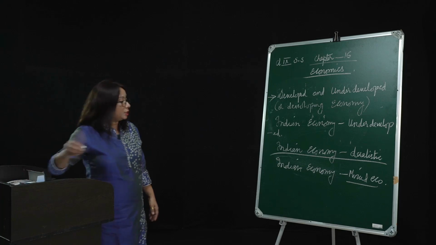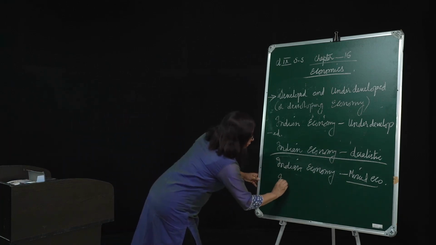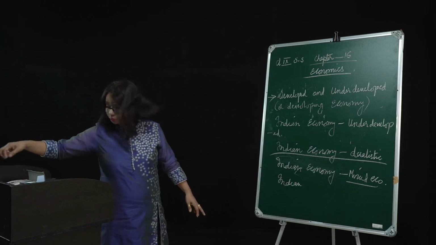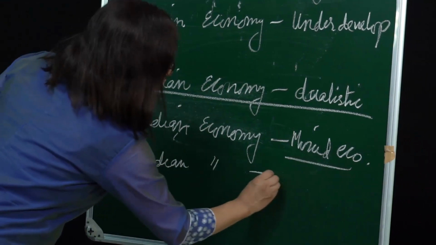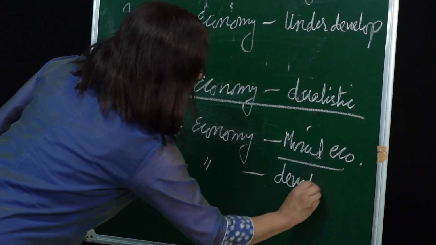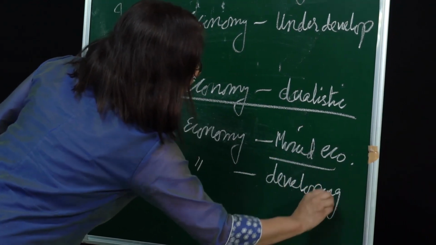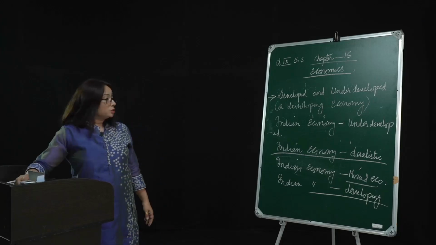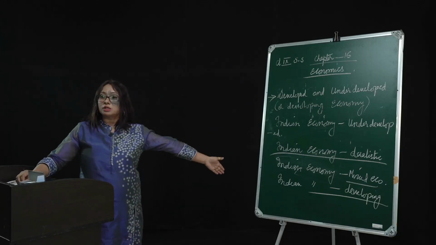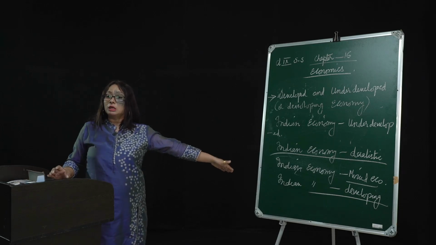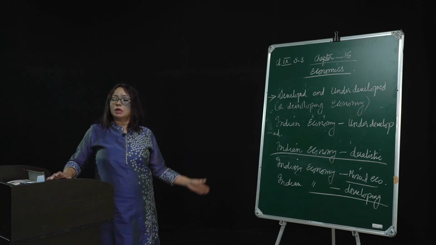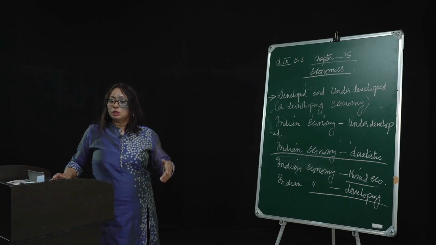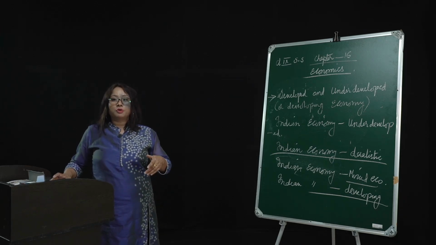Now we come to Indian economy, a developing economy. Indian economy is also called a developing economy because over the years we are seeing that national income is improving. In an underdeveloped economy, the level of per capita income is low, national income is low, living standard of the people is low.